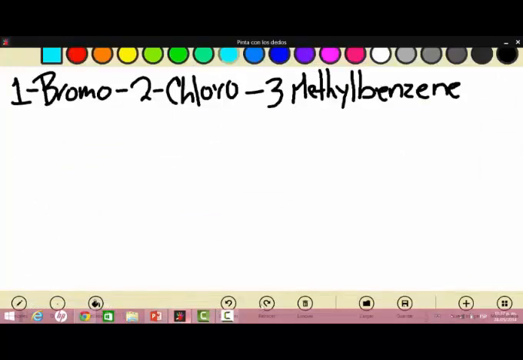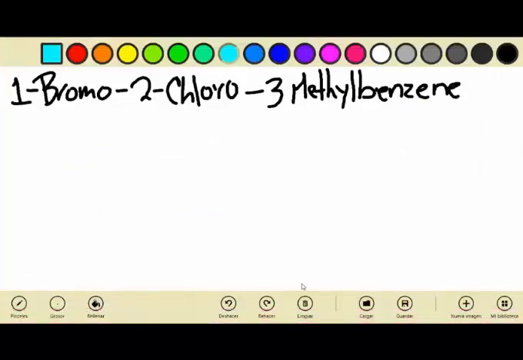Now let's apply it with some examples. So here we have 1 bromo 2 chloro 3 methyl benzene. So first of all, we have to draw our figure.